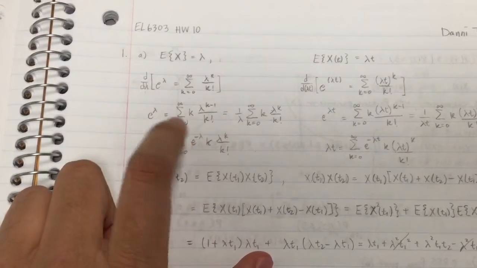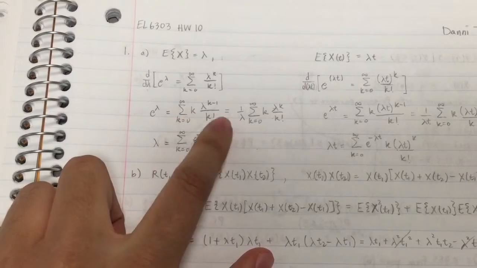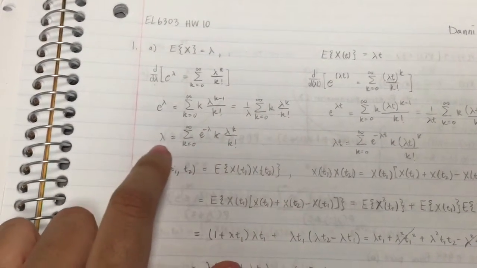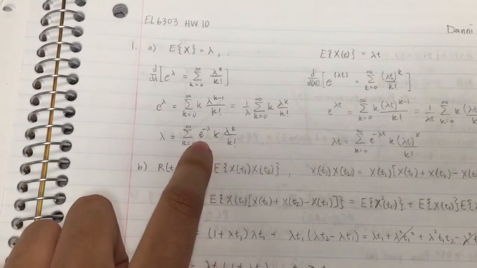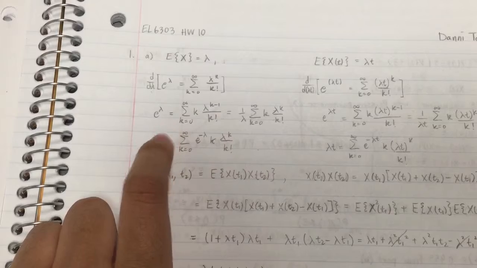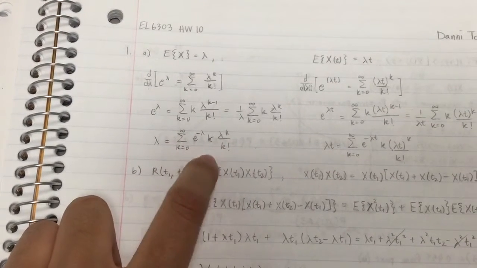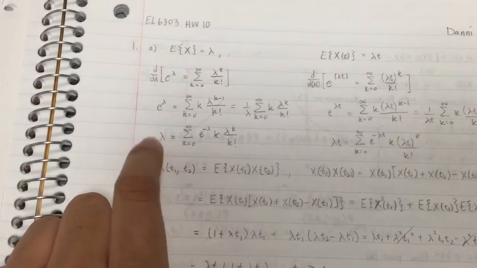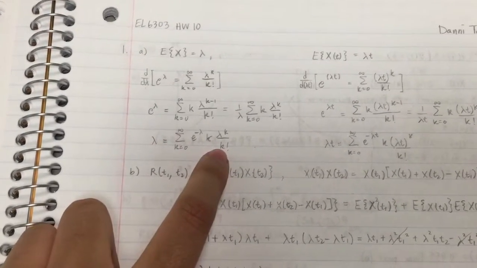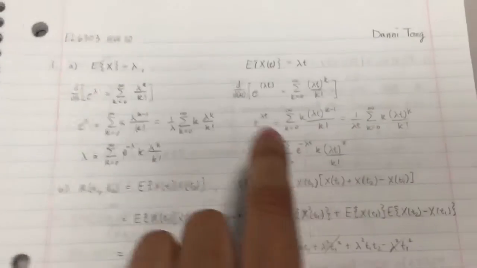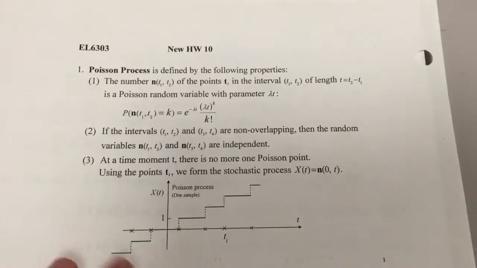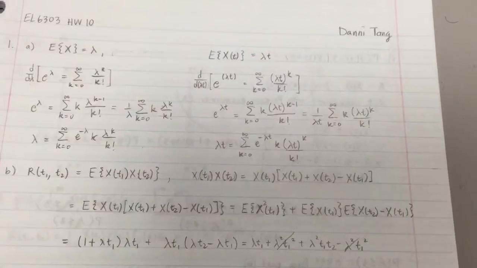This brings down a k on the right side. Then you rearrange this so that lambda is on the left, and you have e to the negative lambda on the right side. This expression is the expected value, and you know the left side is lambda, so lambda is the expected value.